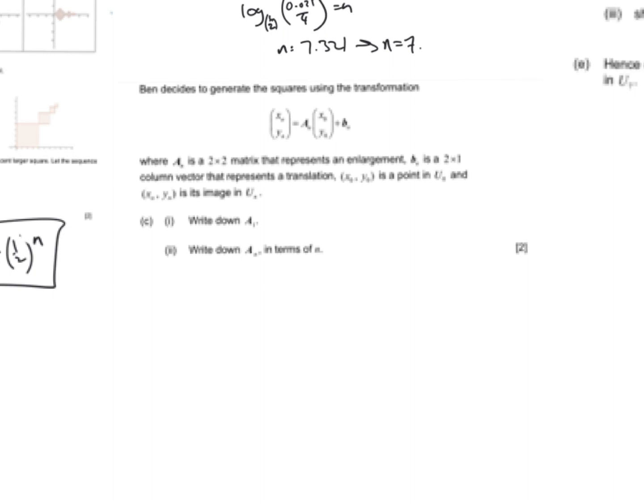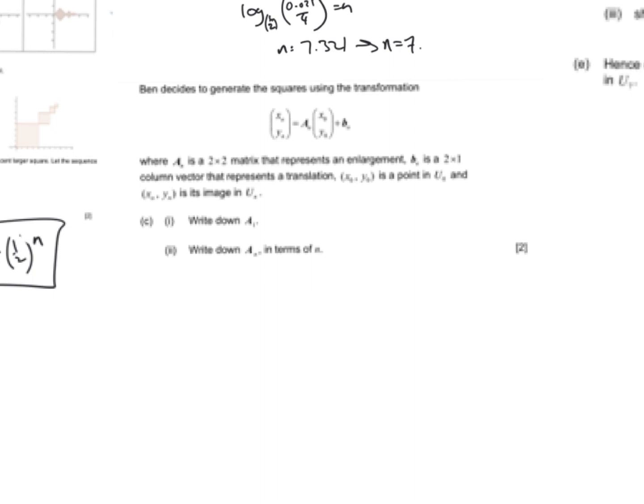Okay, so now Ben decides to generate the squares using this transformation, where An is a matrix for the enlargement, and Bn is the column vector that represents the translation. x0, y0 is the initial point for U0, every point in there, and xn, yn are its image. So I want to write down A1.